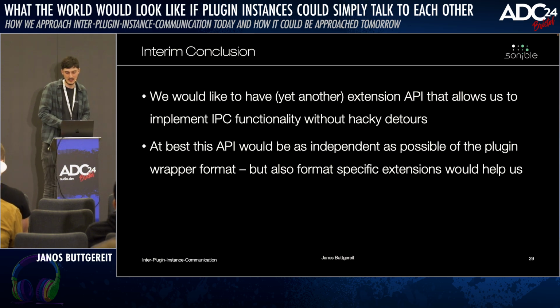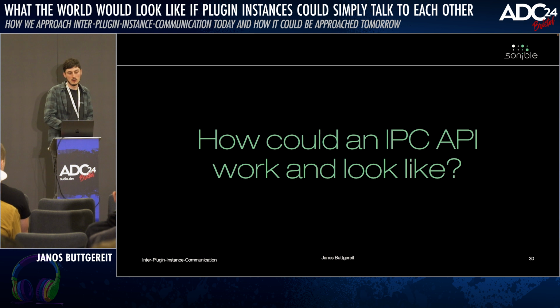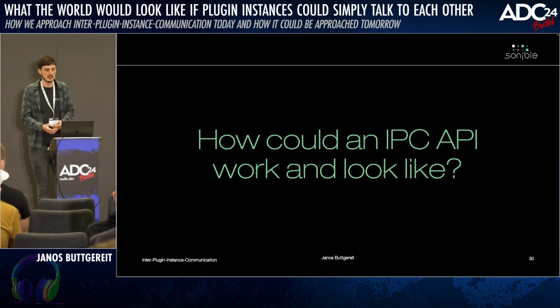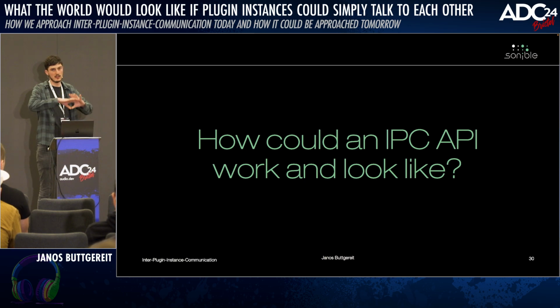So yeah, I did some thinking about how an inter-plugin communication API could work and look like. And this is nothing fixed. This is more some thoughts which I would like to discuss with you later. And I have been working with ARA a bit lately.